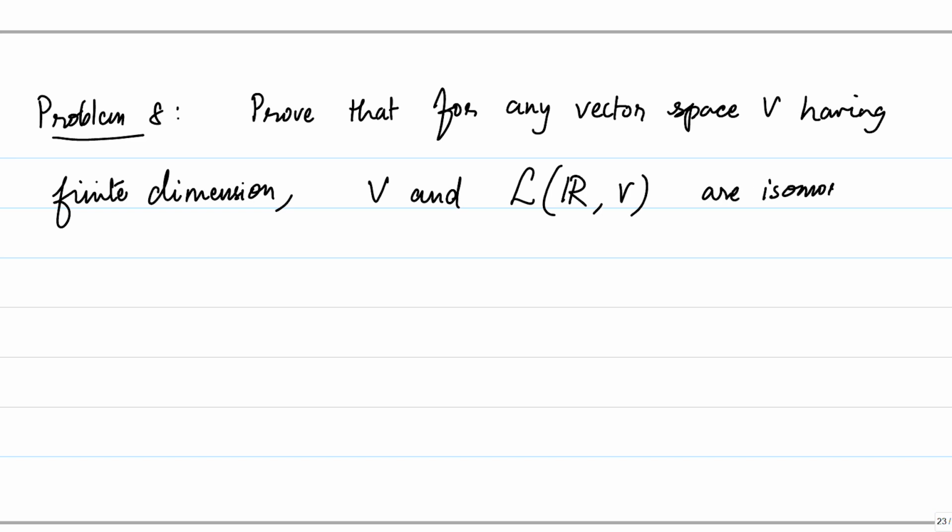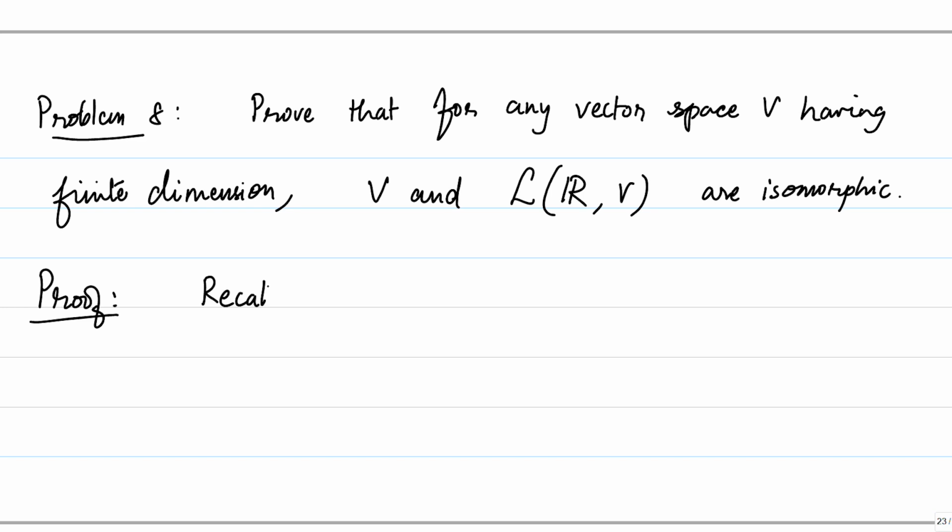So recall that L of V comma W was the space of all linear transformations from V to W. We had proved that that is a vector space. We had also proved that it is isomorphic to the vector space of M cross N matrices over R, where M is the dimension of W and N is the dimension of V. So in this case, this is actually a very straightforward proof.